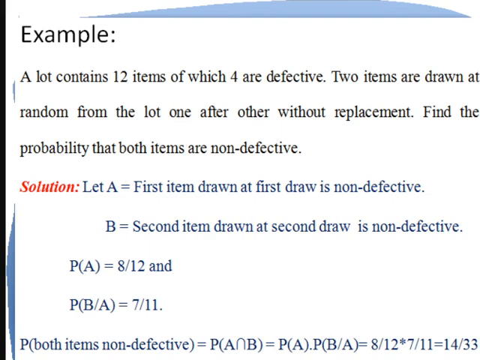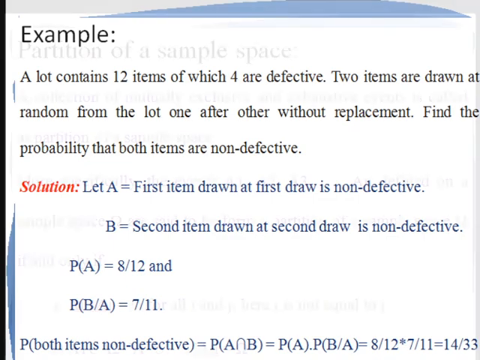In the lot there are 11 items and there are 7 non-defective items. In the first draw, one non-defective item is drawn, therefore there remain 7 non-defective items. Now the probability that both items are non-defective is equal to probability of A intersection B, which is equal to probability of A into probability of B given A, and the required probability is equal to 14 upon 33.